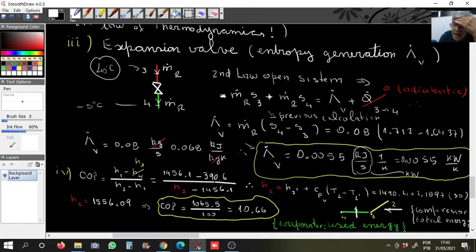Before showing the figure, just look here, for you to understand. When we use a compressor, we pay for that. The energy I paid is H2 minus H1. You see the entropy.